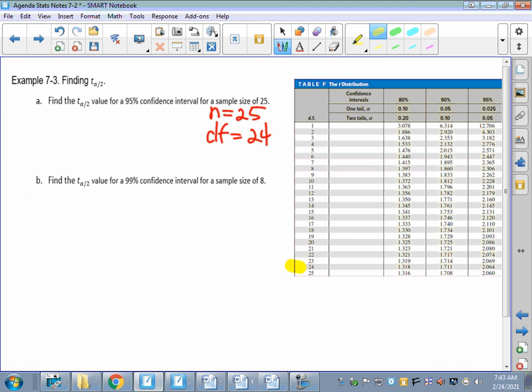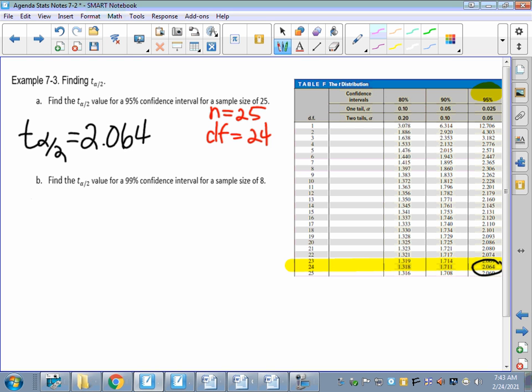I'm going to go to 24 right here, and I'm going to go across to a confidence interval of 95%. So this column. So it looks to me like my t of alpha over 2 for a 95% confidence interval is 2.064. That is the number that I'm going to use in my confidence interval when I construct it.